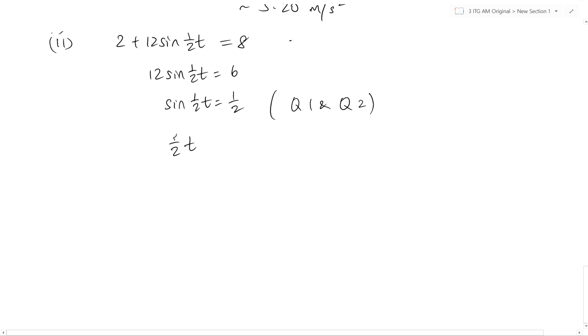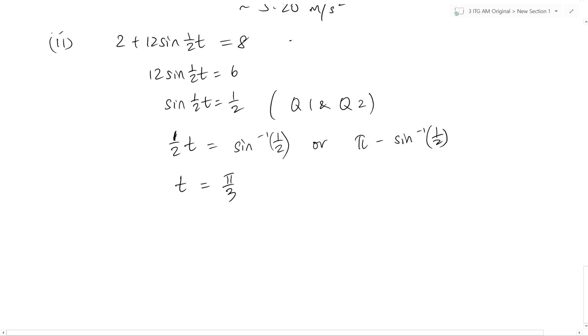Half t will therefore be equal to sine inverse half or pi minus sine inverse half. These are our two values of half t. So from here, to find the value of t, we just multiply the values by 2. And this will result in pi over 3.